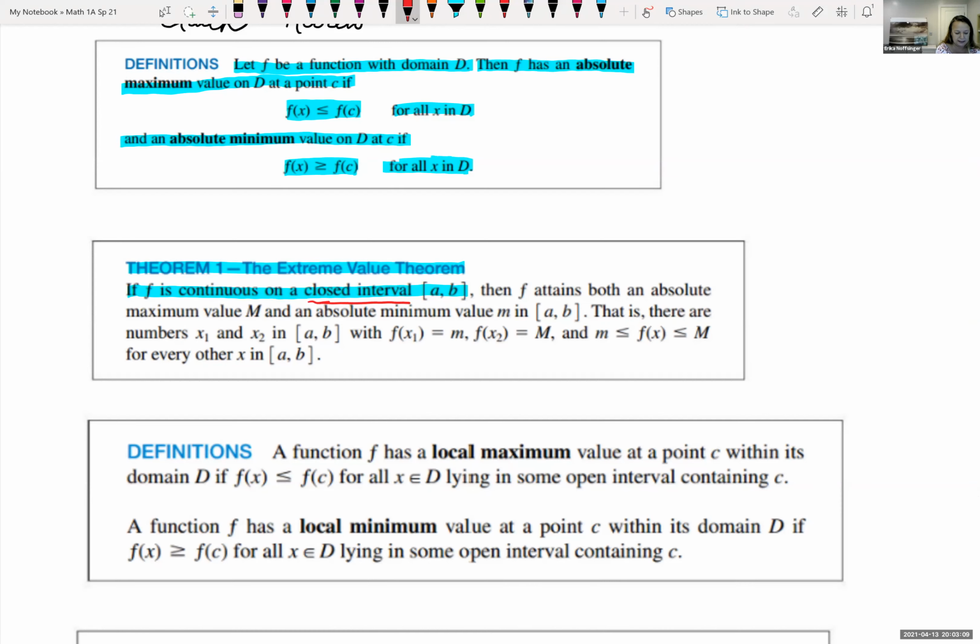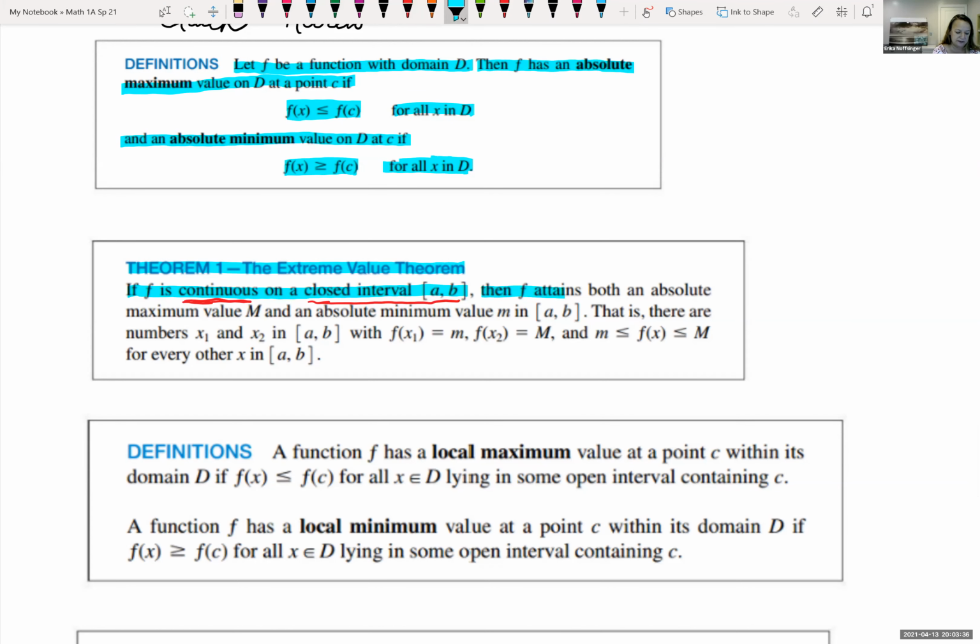If we're not including those values a or b on the ends of the interval, then this theorem does not hold. And the function has to be continuous on that closed interval. If there are any jumps in the graph or any holes, then this theorem doesn't hold.